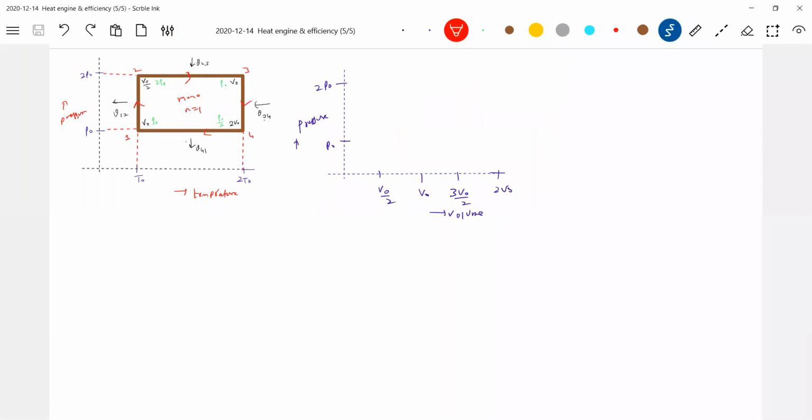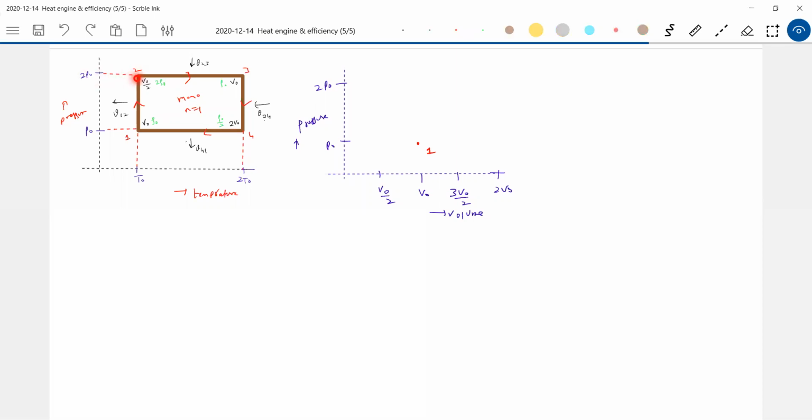Okay, similarly, let's identify. Point 1 is P naught, V naught. What about point 2? 2 P naught and V naught by 2.